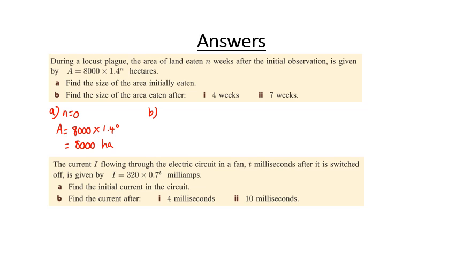And B, it says find the size of the area eaten after 4 weeks. Well, we put that into our equation. A equals 8,000 times 1.4 to the power of 4. If we put that into our calculator, A is going to be 30,732.8 hectares.